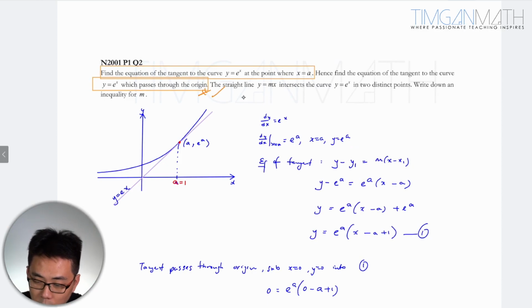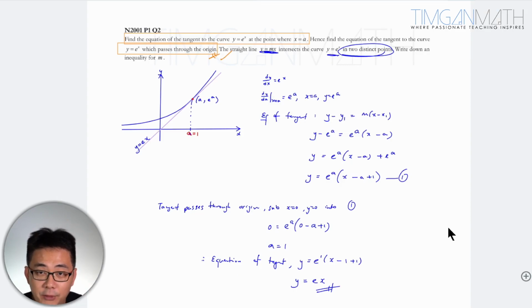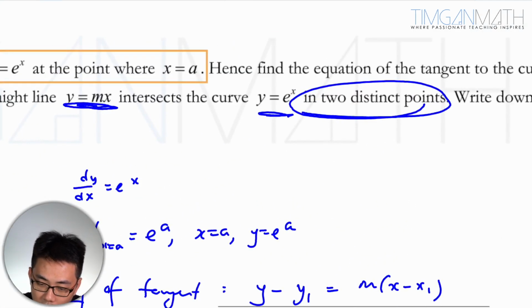With this information, can you do the part where the straight line y equals mx intersects the curve y equals e^x at 2 distinct points? This is a tricky part. For the last part, students may think it's the discriminant, and use b squared minus 4ac. Can you use the discriminant?